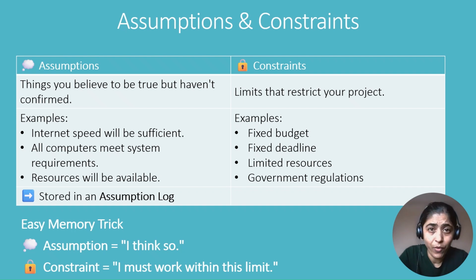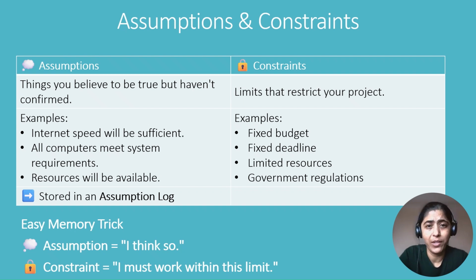You haven't verified it yet, but you are planning as if it is true. Another example is assuming that resources will be available when the project begins, or that internet connectivity will be sufficient for remote users. Project managers document those assumptions because if they turn out to be incorrect, they can create risk or delay the project.